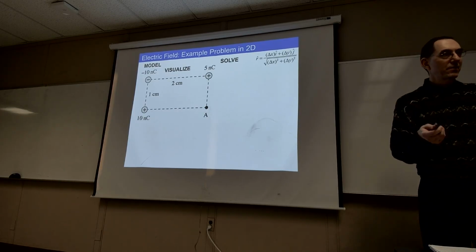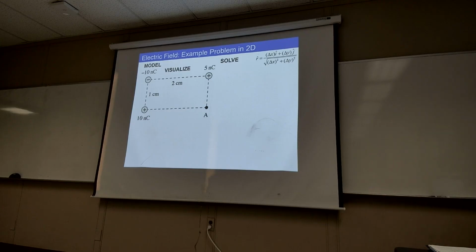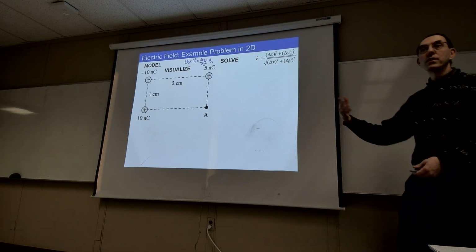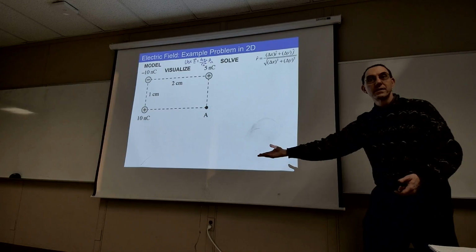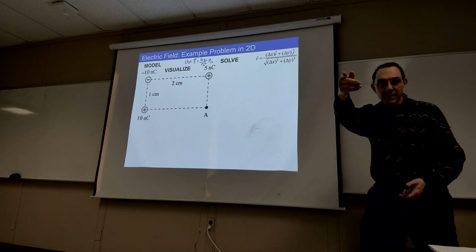All right, very good. So these things, again, you want to get familiar with these equations, right? So, let's write that down. So we're going to use this equation, right? And again, what do I need to have to be able to use this equation? This equation is applicable to what kind of charge? Point charge, right?